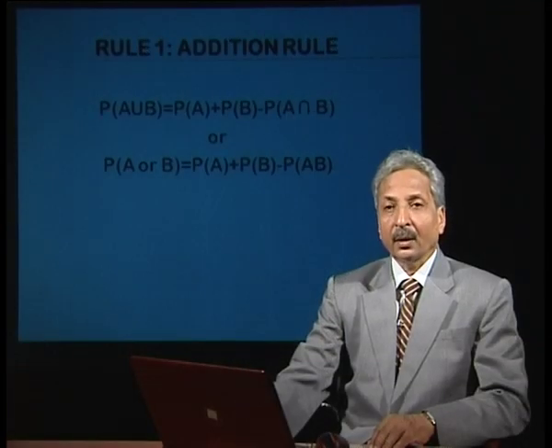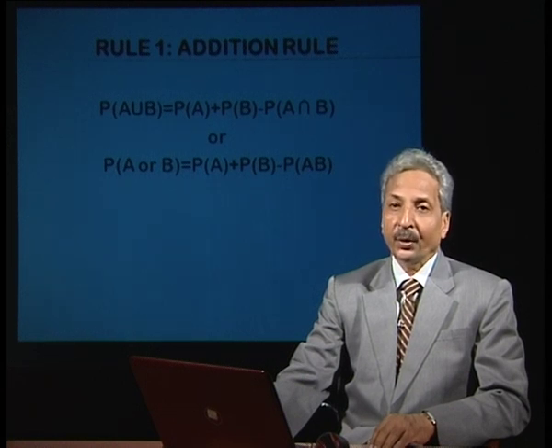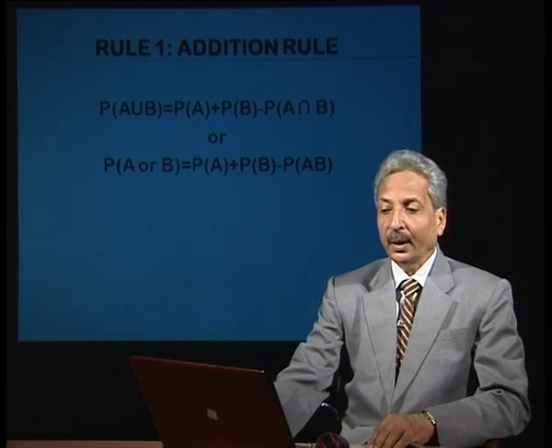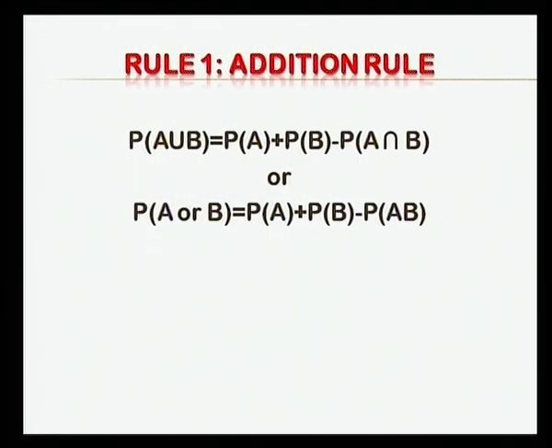Now, I am going to discuss some important results on probability, and these results are true for all three types of approaches to probability, whether it is the classical approach, the frequency approach or the axiomatic approach. The first rule is called the addition rule.